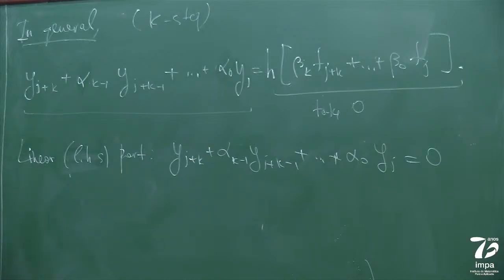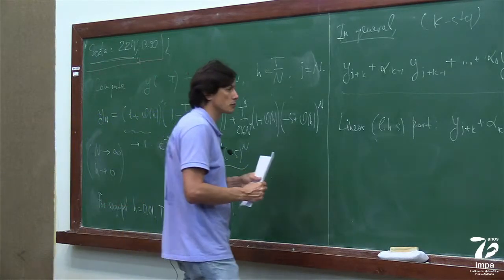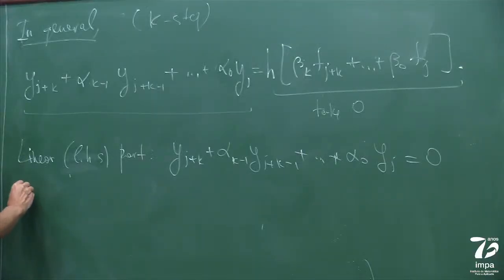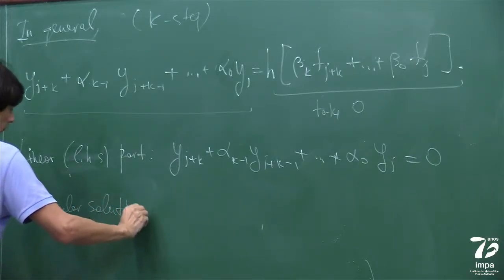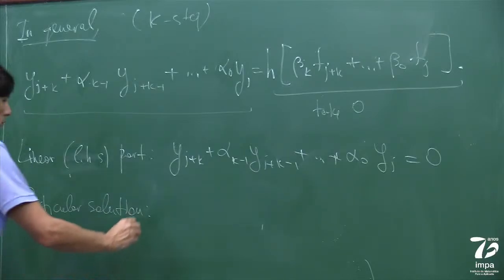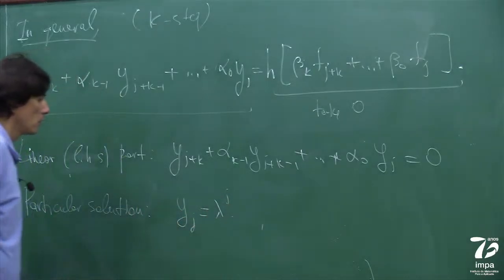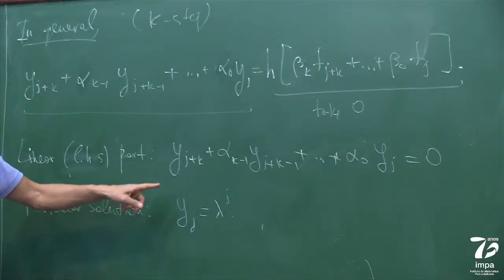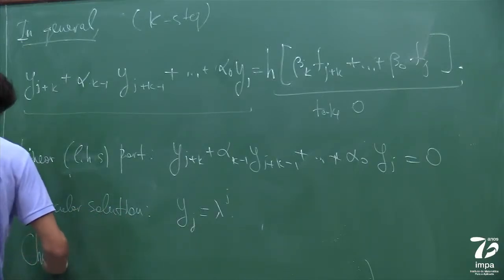Again, it's a linear system with constant coefficients. If we have k independent solutions, we have the general solution. So we look for a particular solution of the same form, the power law λ^j. You put it inside, cancel λ^j, and then you get the characteristic equation.